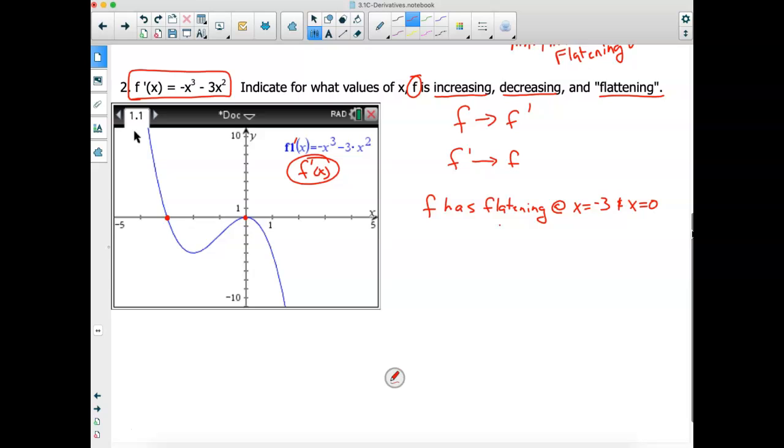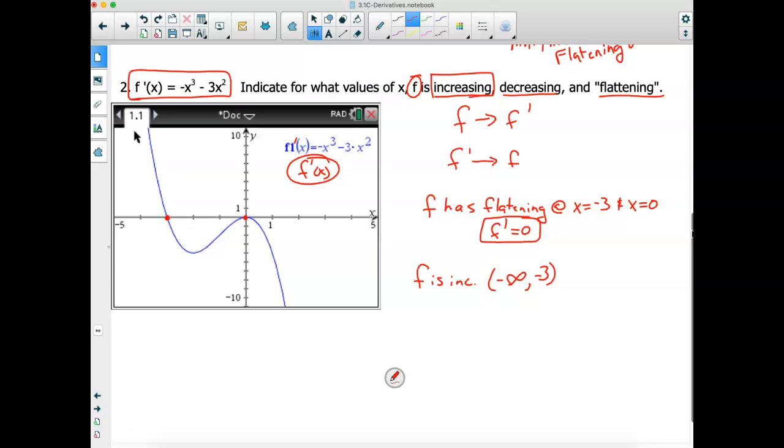I know that because f prime equals 0, justification. F prime equals 0, therefore I will have a flattening on f. Okay? When is f increasing? F is increasing from where? Well, from -infinity up to that -3, and that's the only time f is increasing.